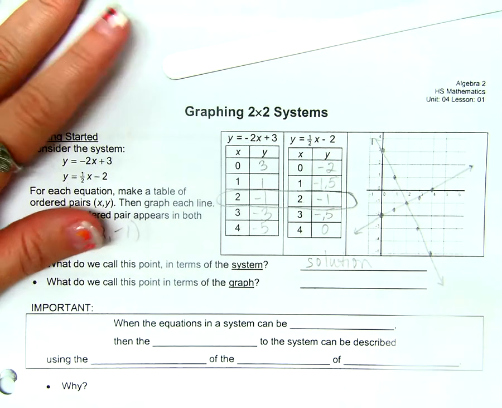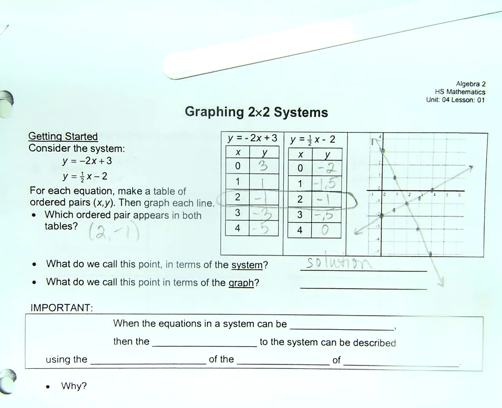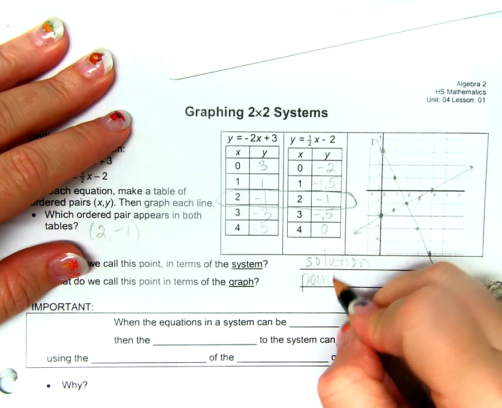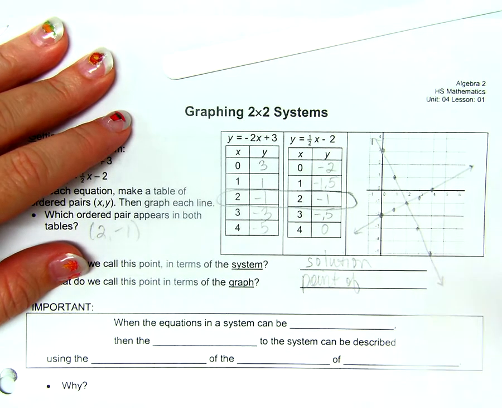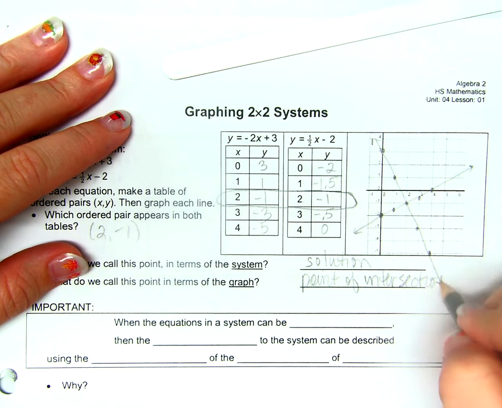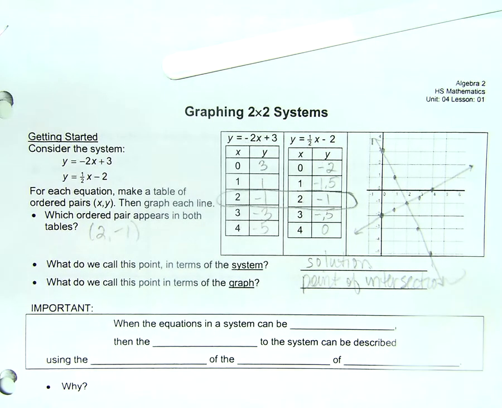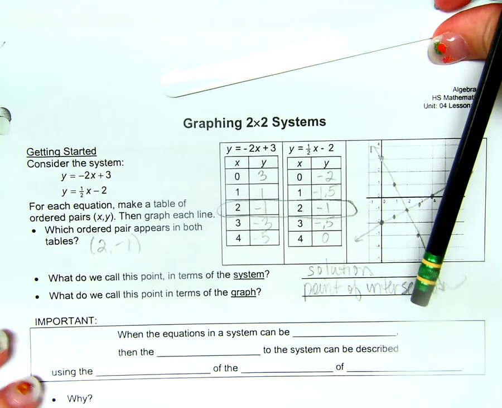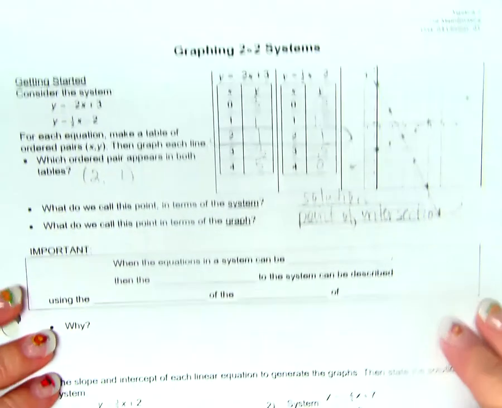It's the solution to the system, right? What do we call it in terms of the graph? The point of intersection. You okay so far?